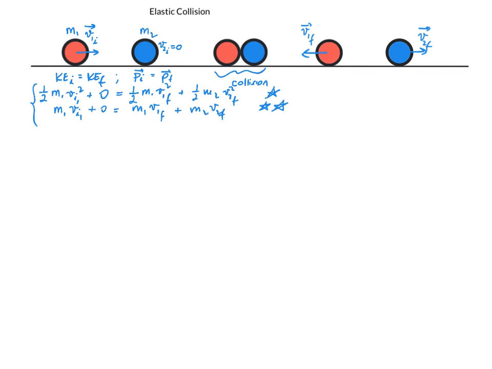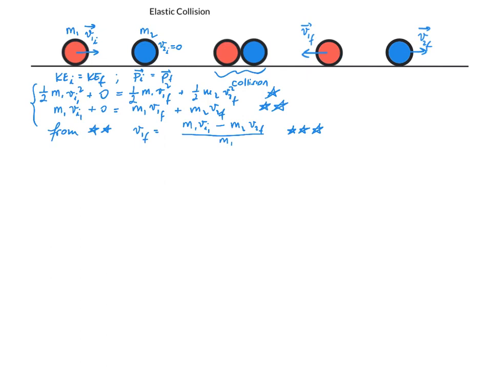And now from the second equation, the double star equation, I'm going to solve for v1 final. So v1 final will be m1 v1 initial minus m2 v2 final, divided by mass 1. Then I'm going to call this equation triple star.